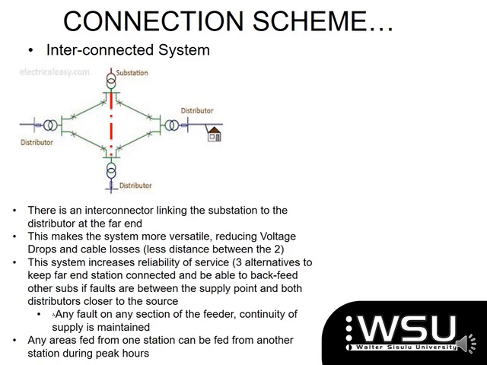And this system, we say, increases your reliability of supply even more than your normal ring, because whereas in your ring you had two alternatives, you have now introduced a third alternative to make sure that you are keeping the end station connected whatever is happening on your network. Therefore, any fault that happens in there, you will still have continuity of supply maintained.